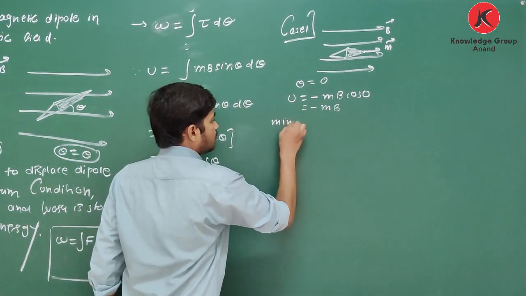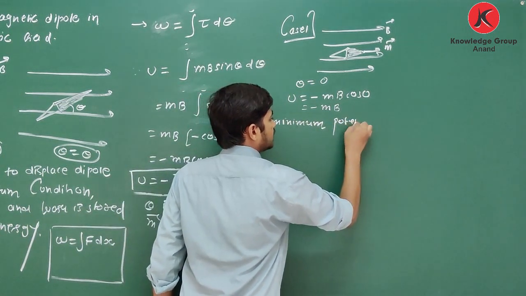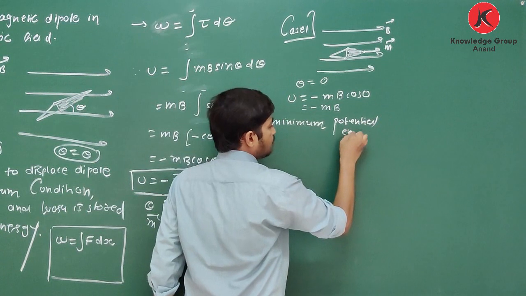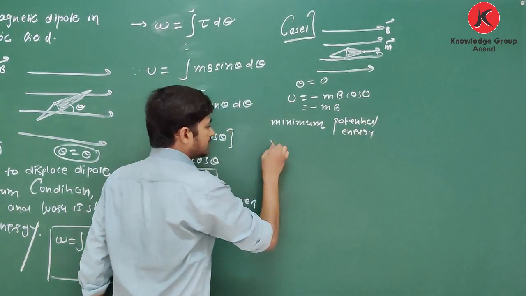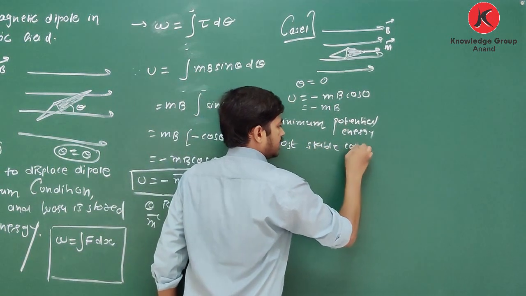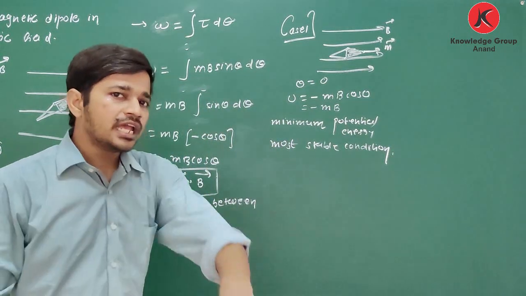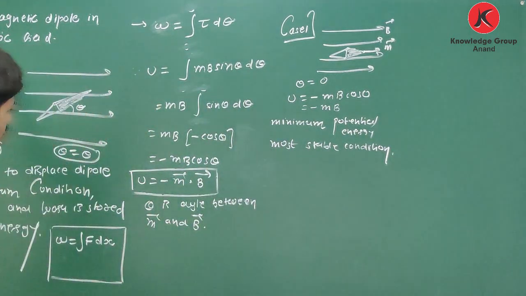This means minimum potential energy, and minimum potential energy means it is the most stable condition. We have already discussed this in chapter number 1. This whole theory is from chapter number 1 and 2.